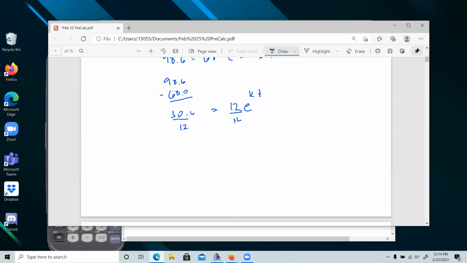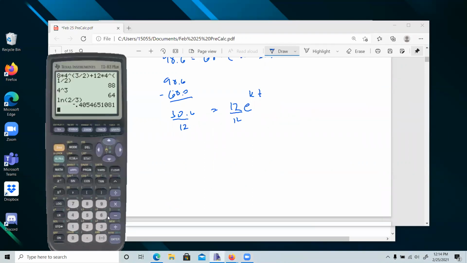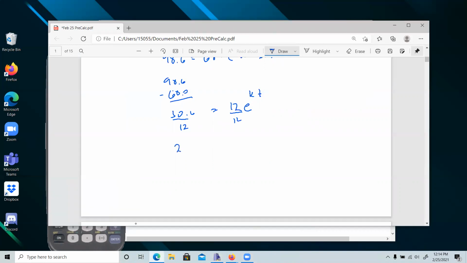So we've got 30.6 divided by 12. Oh my goodness, it's almost like this problem came out of a textbook or was absolutely designed for somebody to solve it really easily because all the numbers happen to work out.